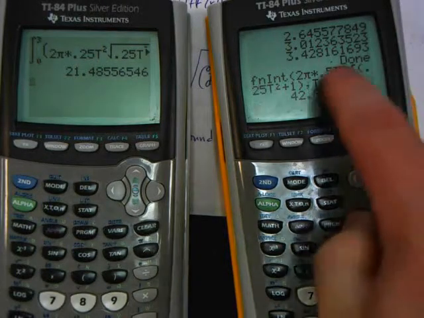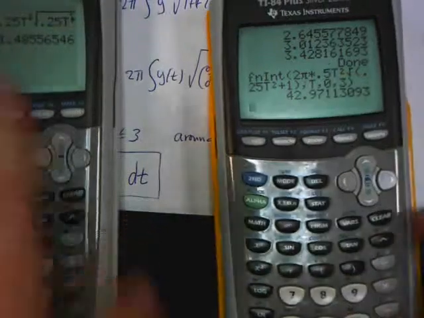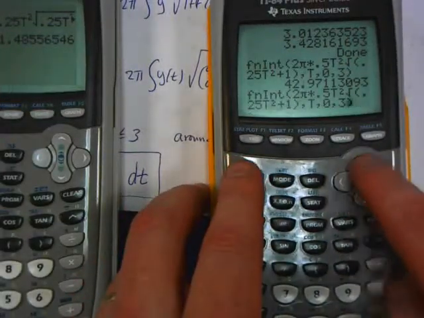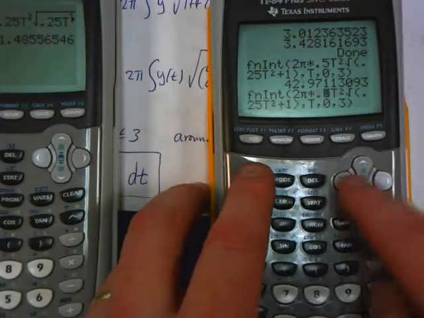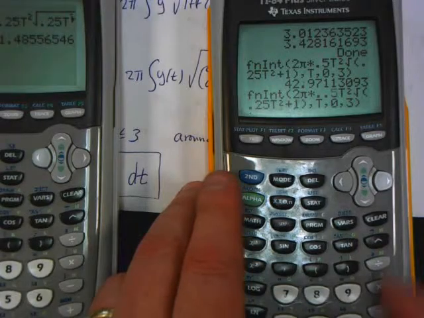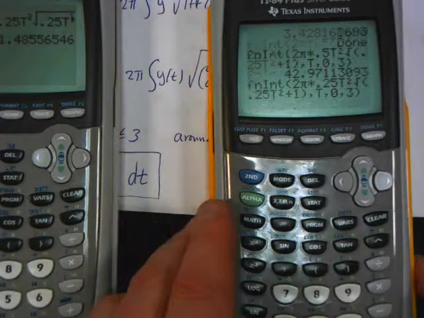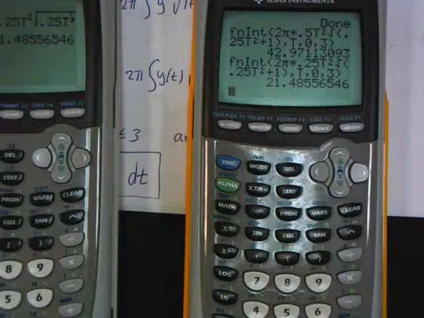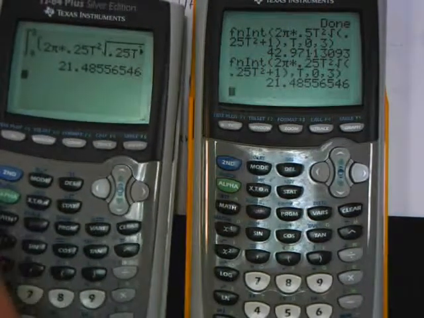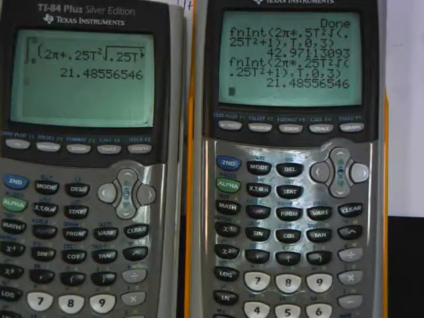I took 2 pi right there. Yeah, so I did it wrong on mine. You do get the same answer, but it looks a lot prettier if you have the new operating system. Questions on that?